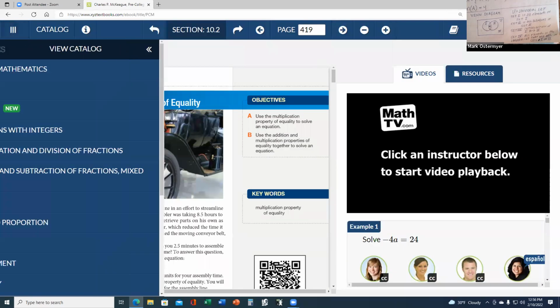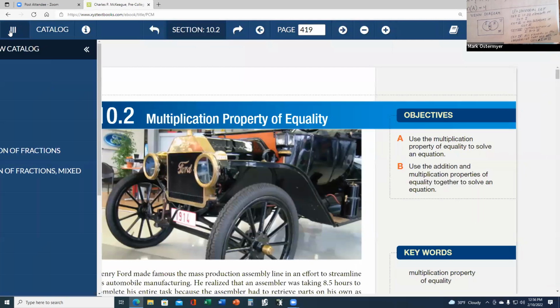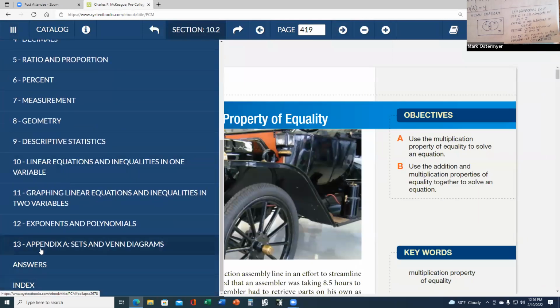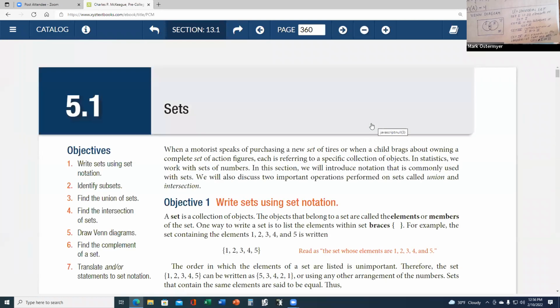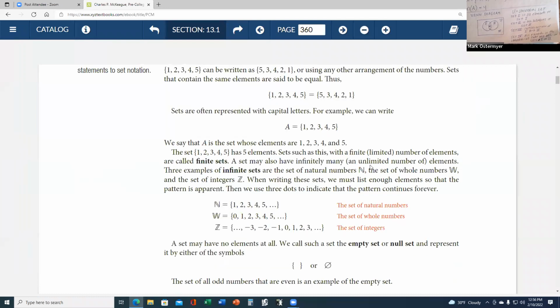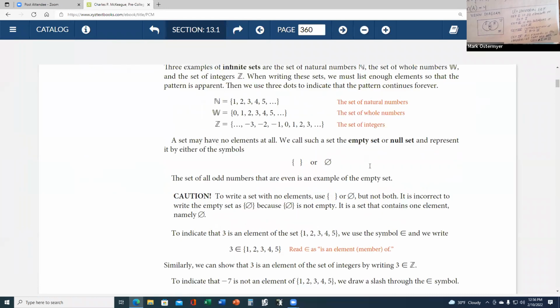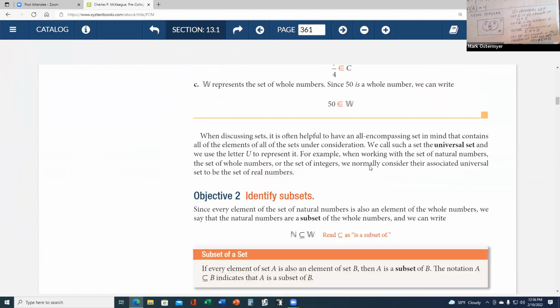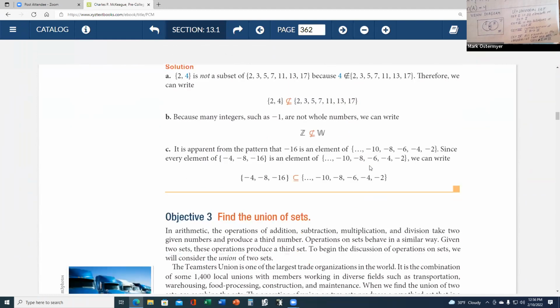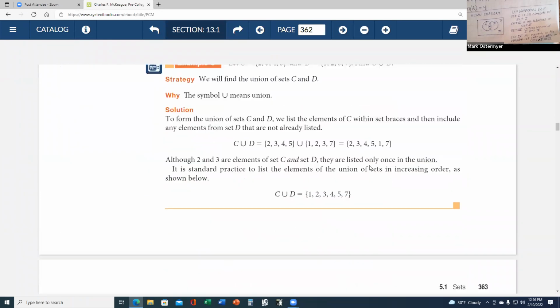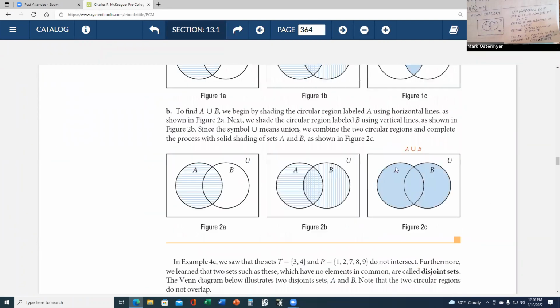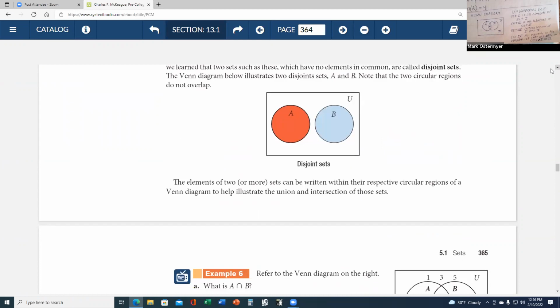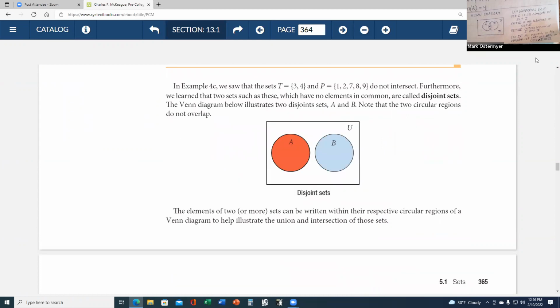This section hangs out in the back, appendix 13.1, entitled Sets. All right, so we're going to go down where the problems begin.